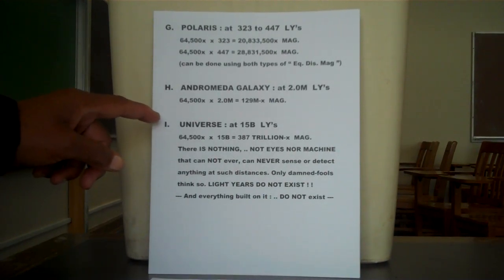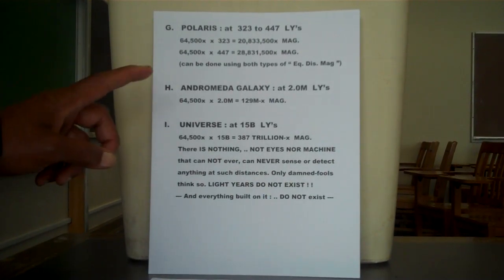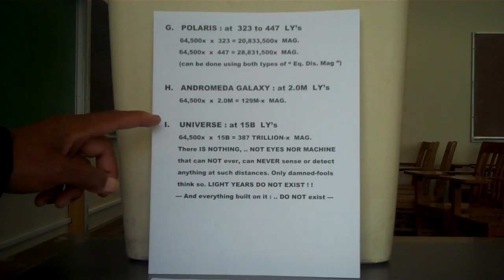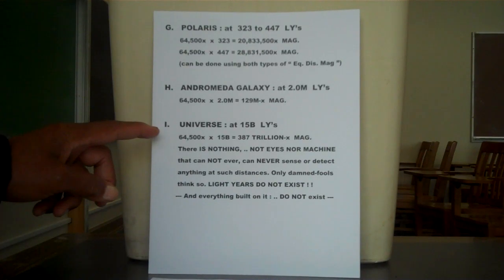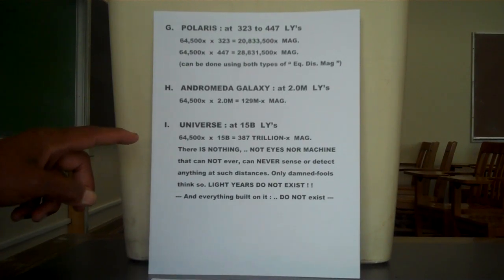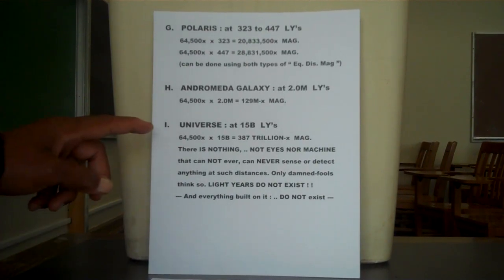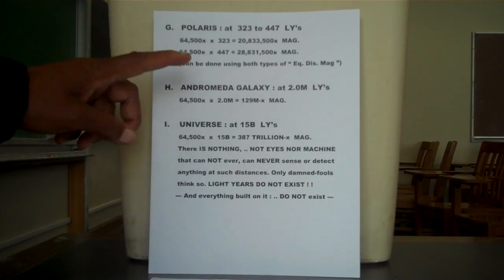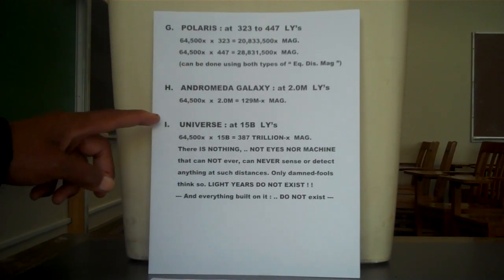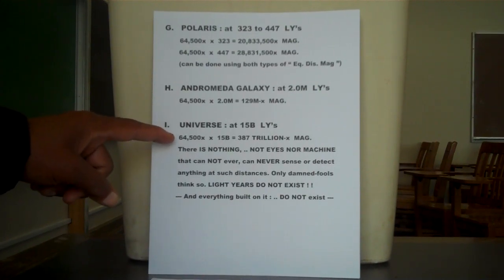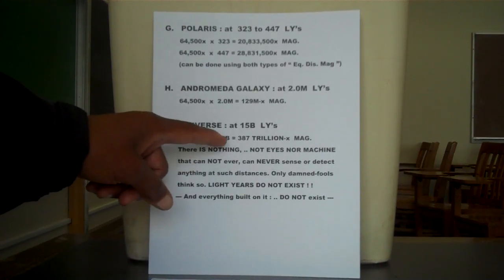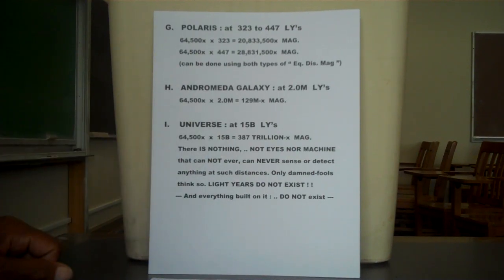We'll go to I, the universe, the heliocentric universe, not the real one. The heliocentric religion universe is considered to be 15 billion light years in radius, and that you can see things, not with a machine or any machine. No machine can do any of this. Nonetheless, the universe at 15 billion light years, such that 64,500x times 15 billion equals 387 trillion x magnification.